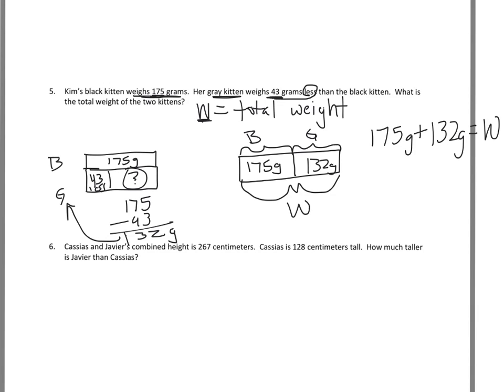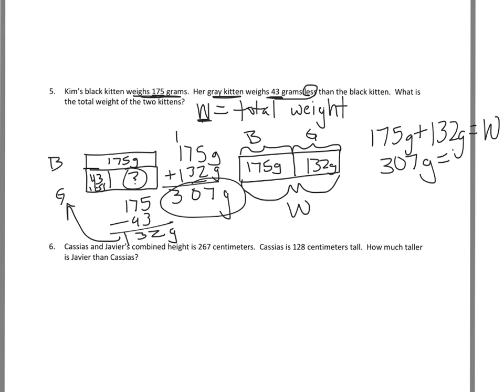So I'm going to show that right here in the middle, because I have to combine these to get my total. And it looks like I have 307. And I'll take my units. So it's 307 grams. So 307 grams equals W.